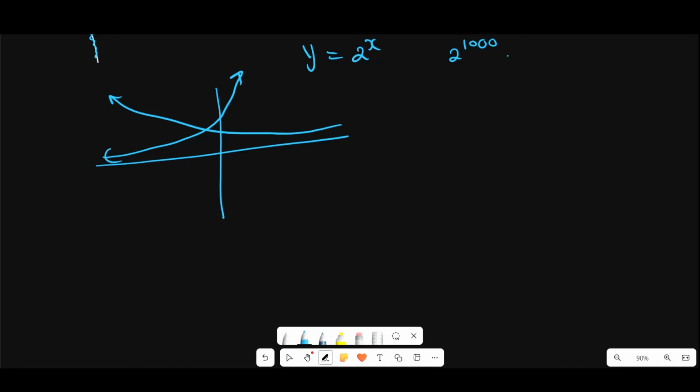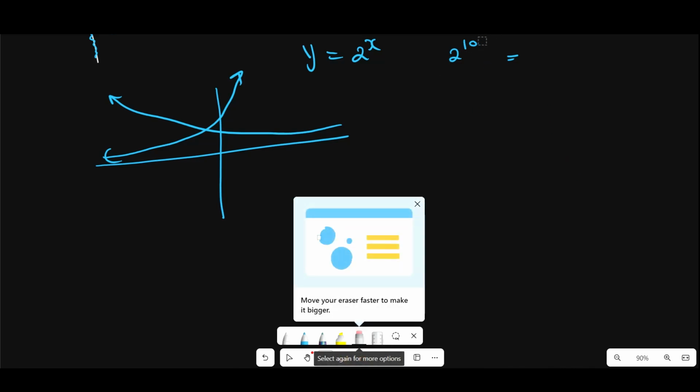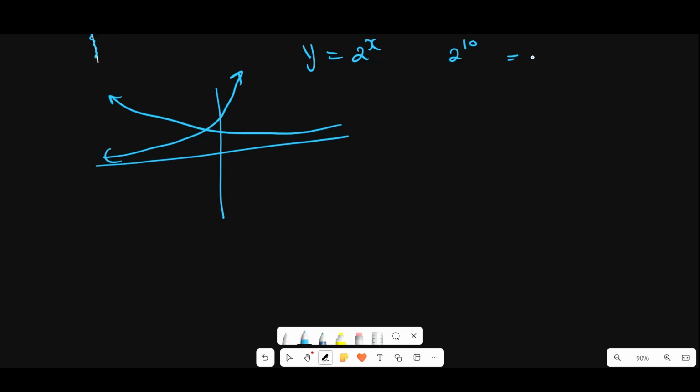So when you put 1,000 there, you get a huge number, a massive number. You can't even put it on a calculator. But let's say 10, you'll get this number here, so 1024.